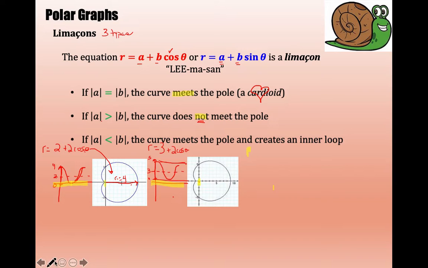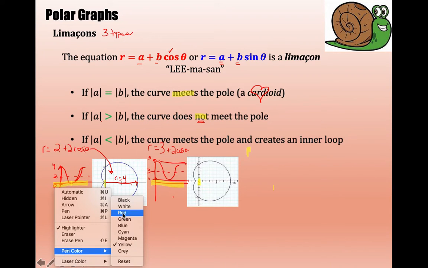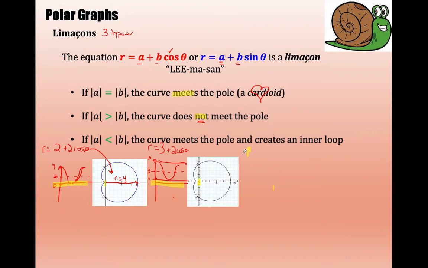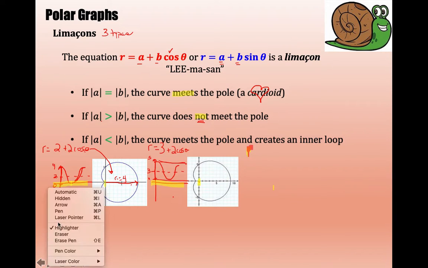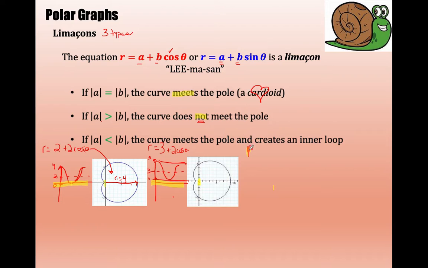So in that case, I would have maybe the reverse: r equals 2 plus 3 cosine theta. And I get an inside loop. That's called a limaçon with an inner loop.